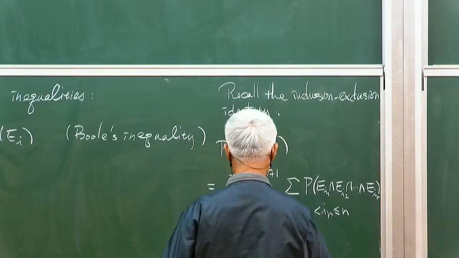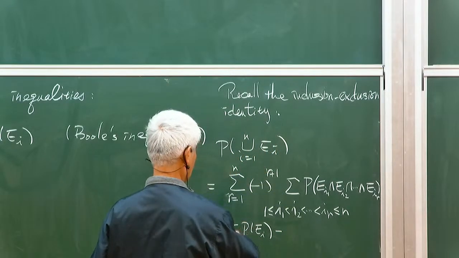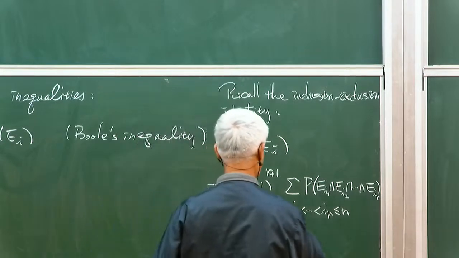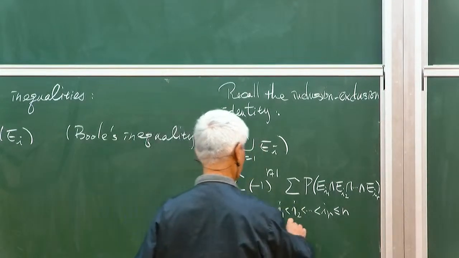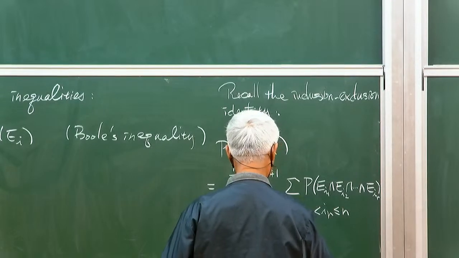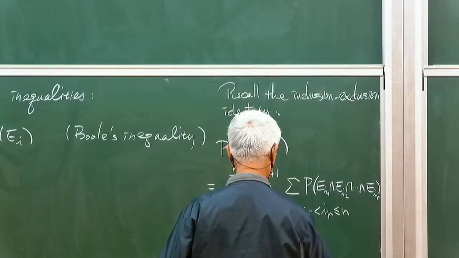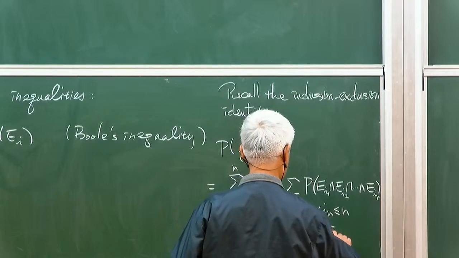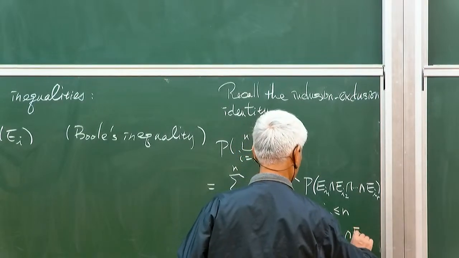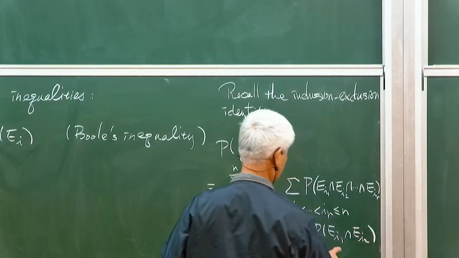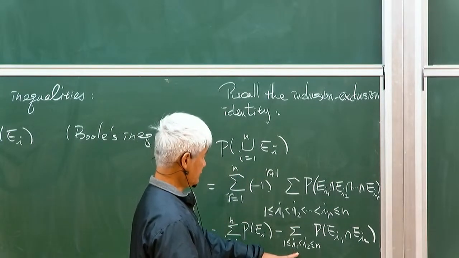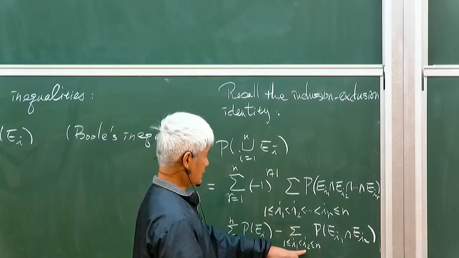And as we know, we can write it down. So this is a sum. We add this summation and then subtract the following summation about the intersection of two events, indexed by i1 and i2, and specifically ask that i1 is less than i2.